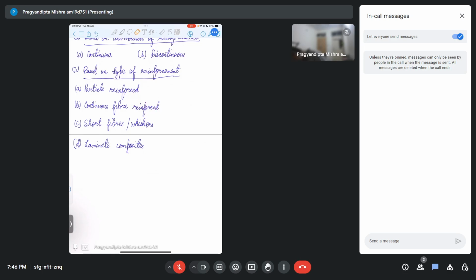Let's say this layer is matrix, and every alternate layer is matrix and reinforcement. If you apply the load like this, both matrix and reinforcement are getting pulled together. So you have a condition something like this.